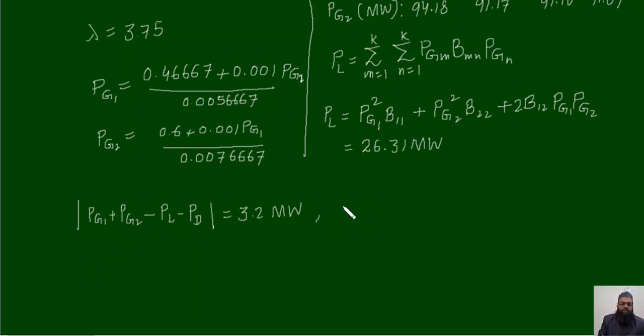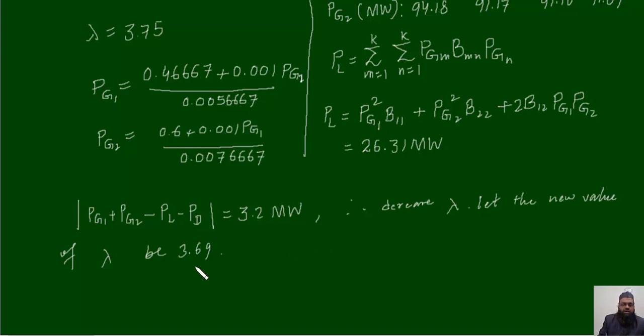So we need to reduce the value of lambda. Therefore, decrease lambda. Let the new value of lambda be, let us assume, 3.69.